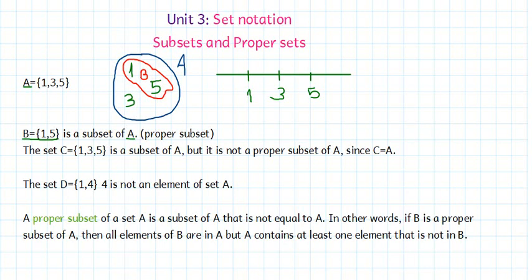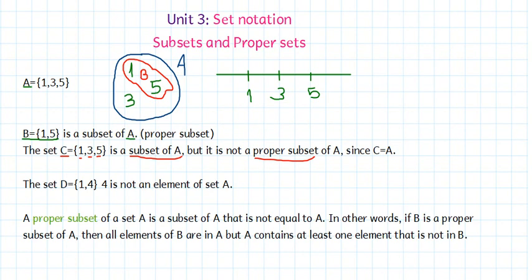Great. So, the set C, which is 1, 3, and 5, is also a subset of A, but it is not a proper subset. This is another important definition.